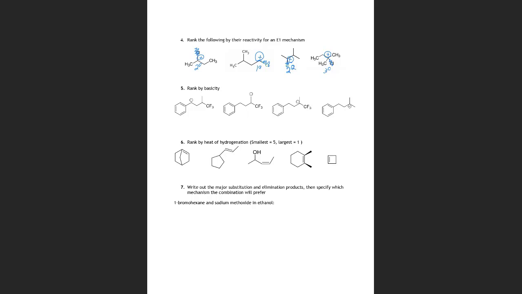But if you ever do have similar substitution, so secondary and secondary, and you had different leaving groups, that's when you investigate leaving group ability. So something like bromine is better than chlorine, so you would choose that structure. But the first thing you rank by is carbocation stability, because the rate determining step is the carbocation leaving.